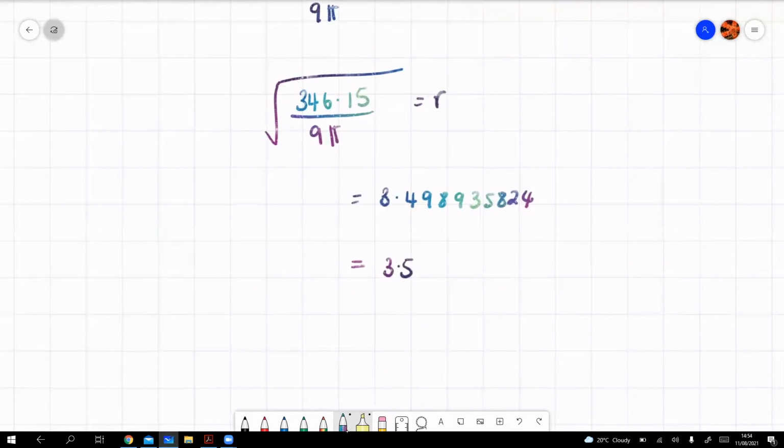I'm going to write one decimal place like this for the examiner, so they know that I've rounded to one decimal place. Now, this was an example of a more tricky question that you would get in the exams, and a question like this would be towards the end of your paper.